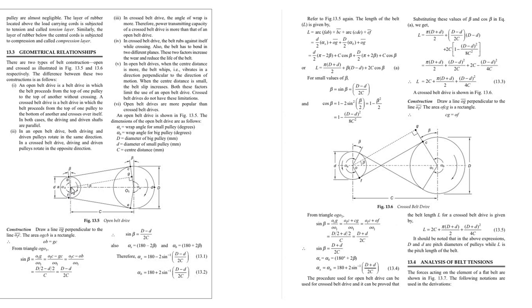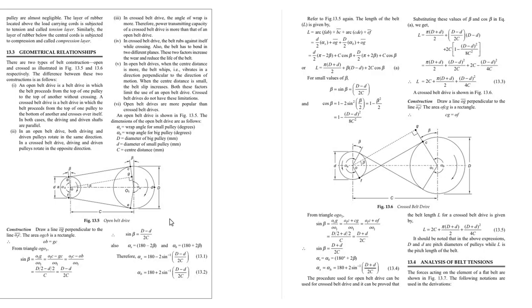Then we draw one line from O to G which is perpendicular to O1C, which makes the rectangle OBCG, as well as a right angle triangle O1G. We are going to use trigonometric relations to find the length of the belt.